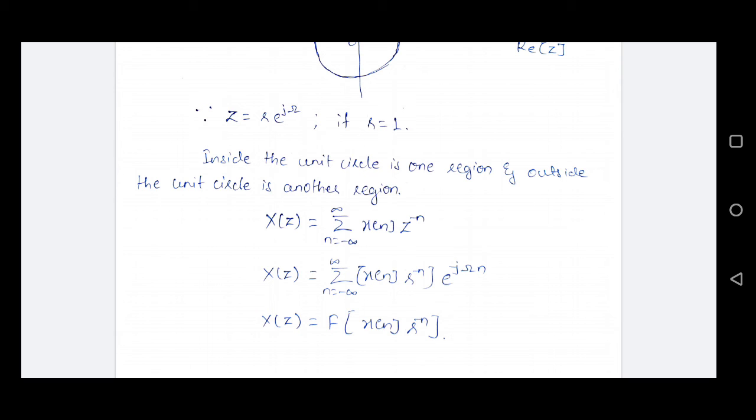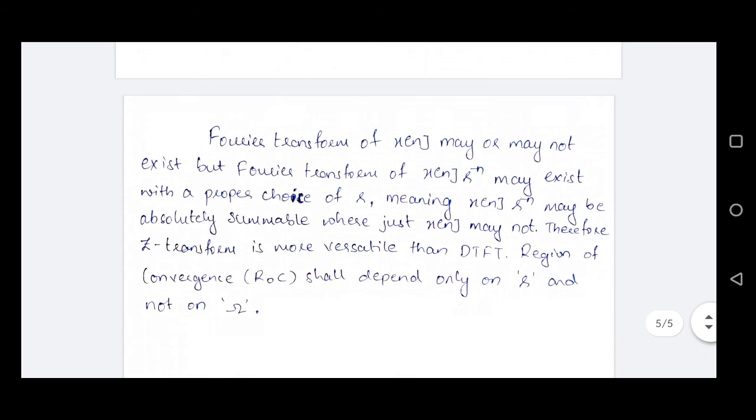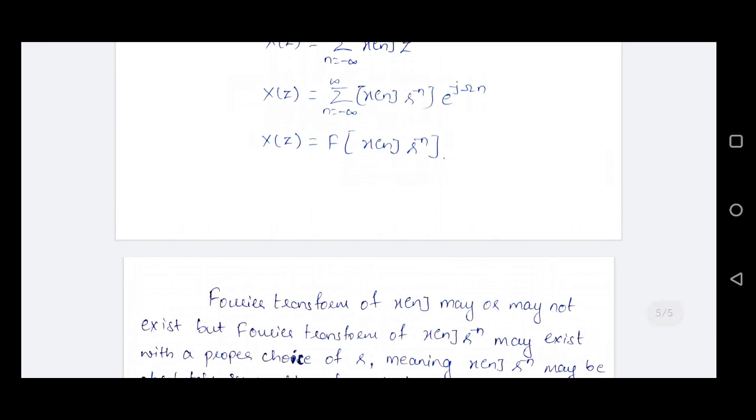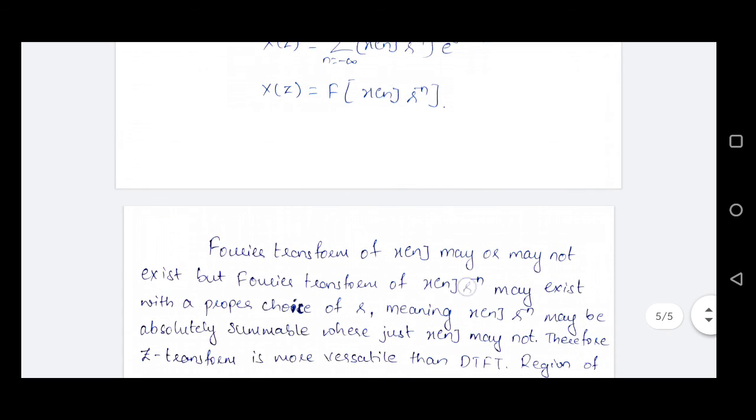Now with the help of this expression, we'll understand the usefulness of the Z transform. X of z equals the Fourier transform of x of n r to the power minus n.